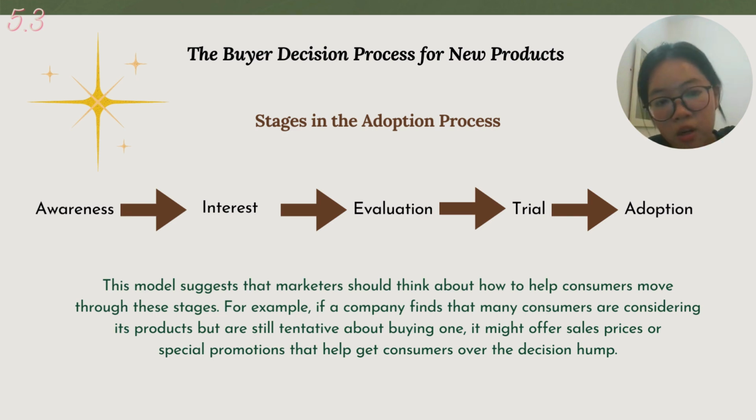So, in other words, marketers should think about how to help consumers move through these stages. For example, if a company finds that many consumers are considering its products but are still tentative about buying one, it might offer sales prices or special promotions that help get consumers over the decision hump.